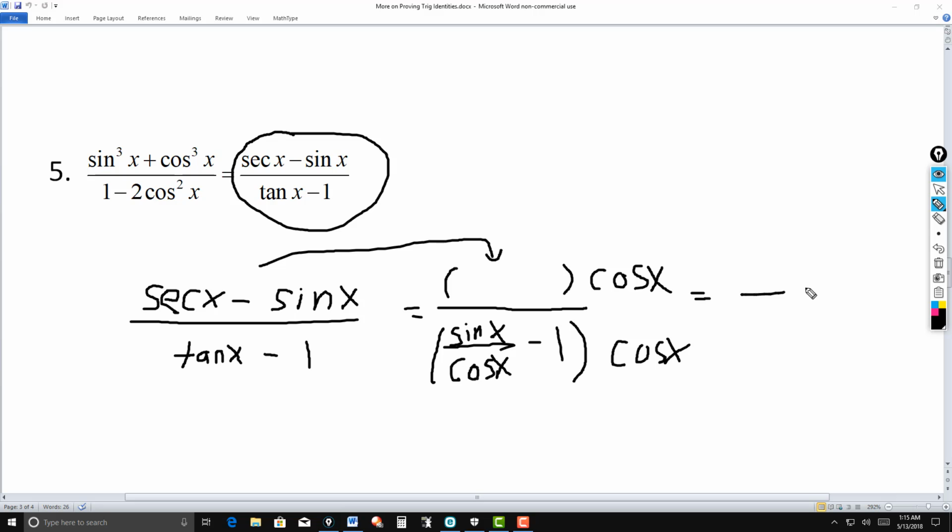So then this gives me, in the denominator, cosines cancel out, so I'm going to get sine of x minus cosine of x. Okay.